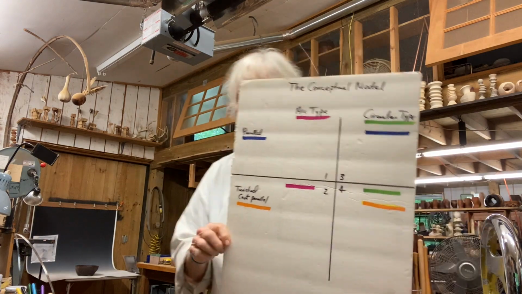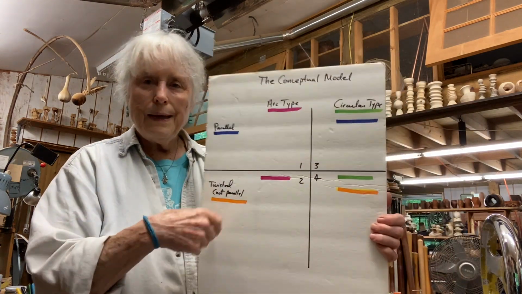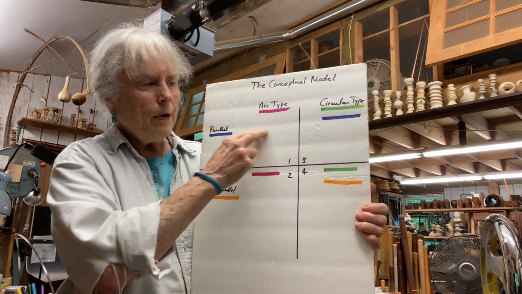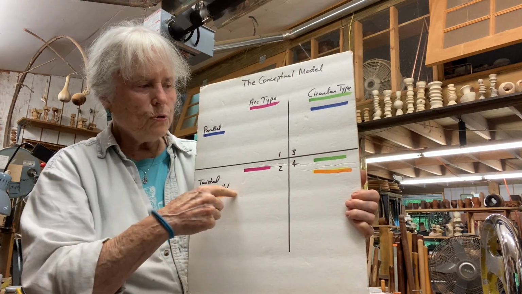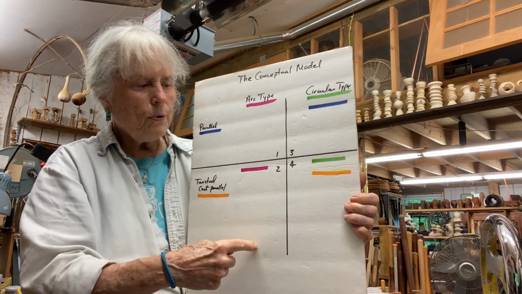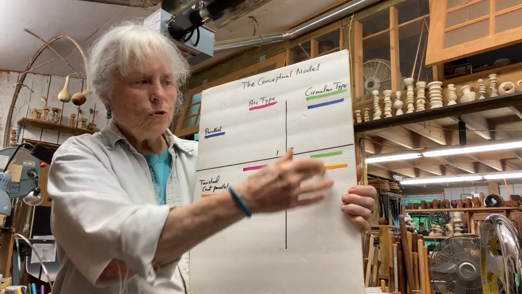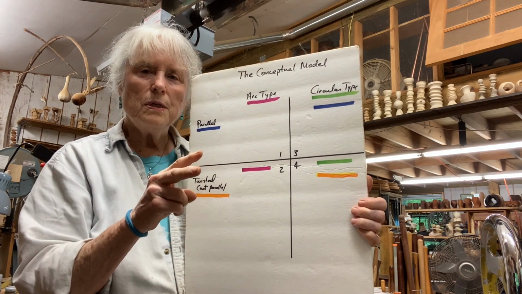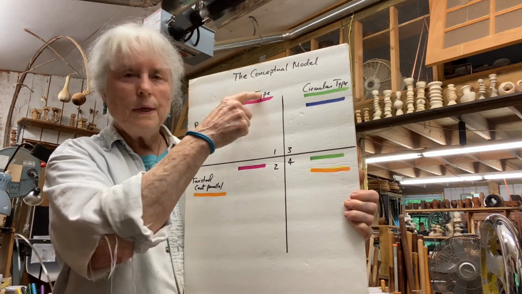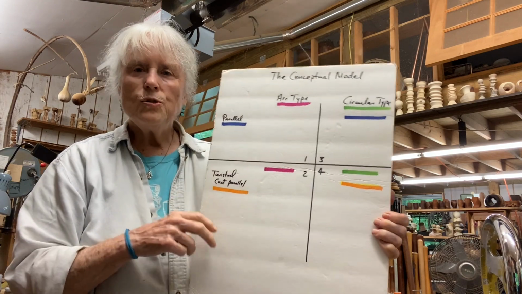So now if we make a table and we have the parallel axis on the top, twisted axes on the bottom 2 quadrants, arc type on the left and circular type on the right, we have 4 families of spindles that have 2 things in common: axis placement and type of outcome. So that was all discussed in the first video.